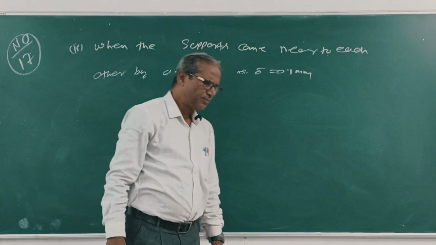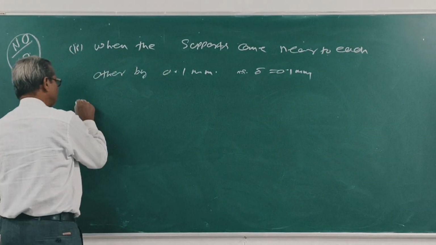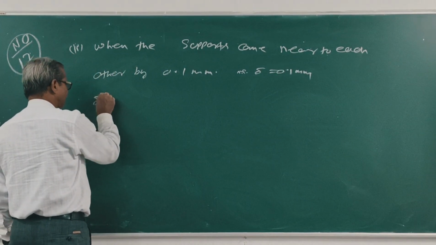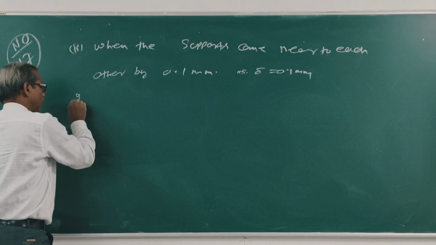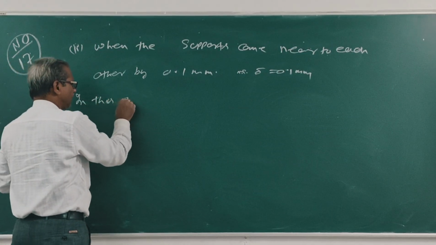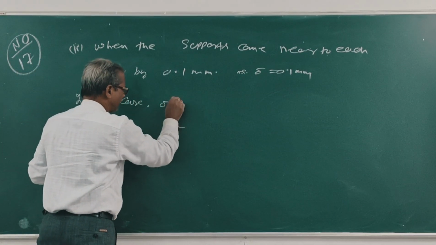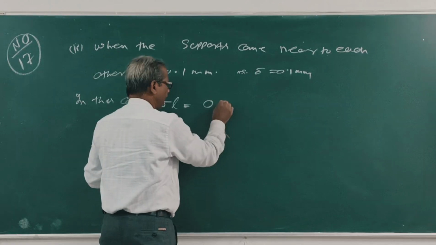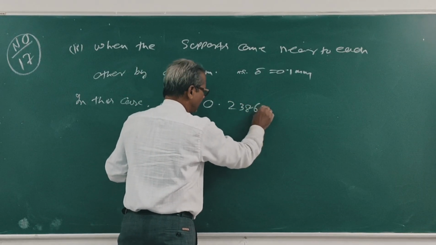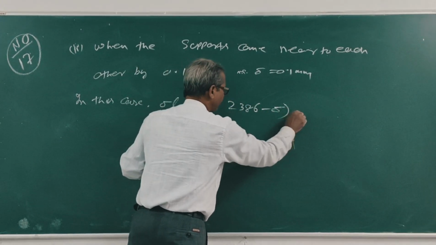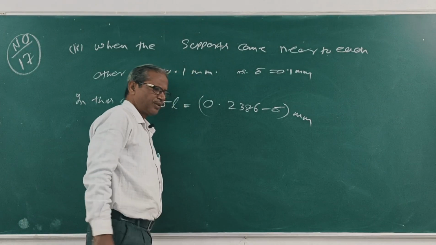Clear? In this case, total contraction delta is equal to 0.2386 minus delta. Clear?